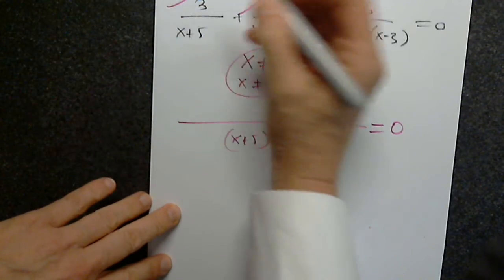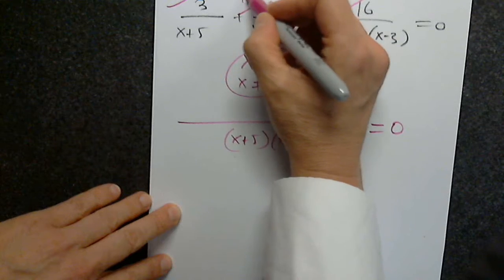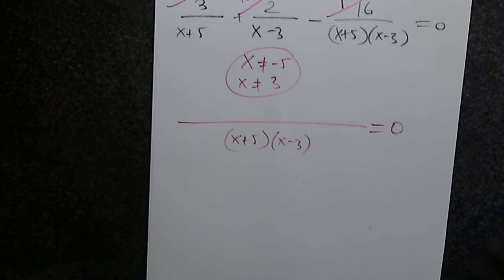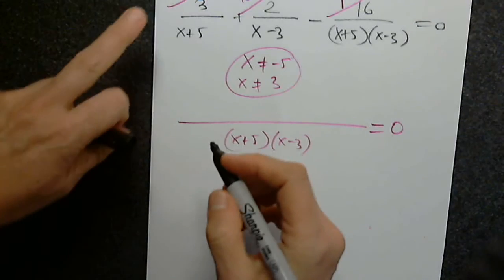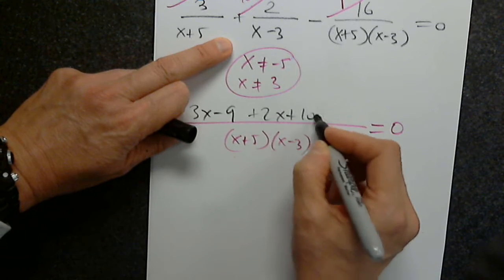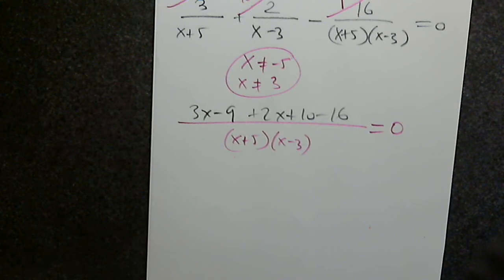So I have to multiply by x minus 3, by x plus 5, and by 1. Do we agree with these steps? Yes? Good. So now the top becomes 3x minus 9 and plus 2x plus 10 and minus 16. And see if this is clear.